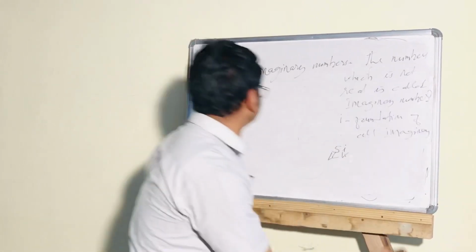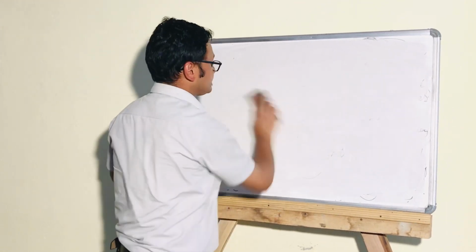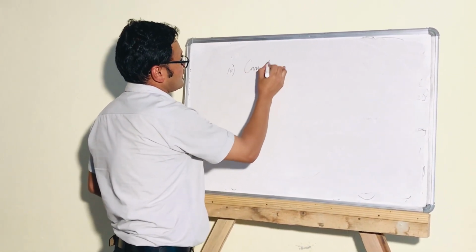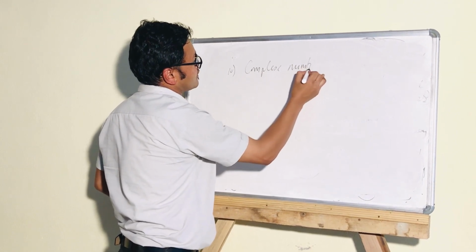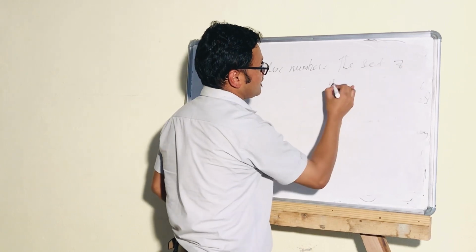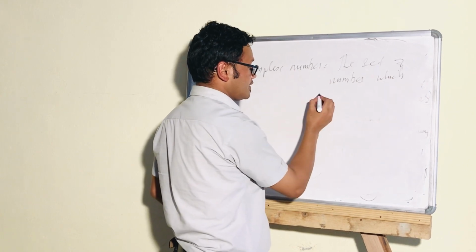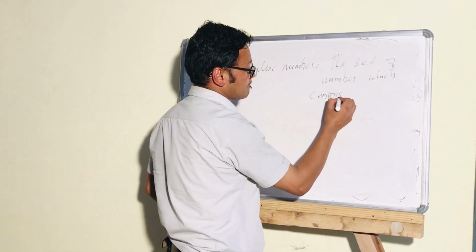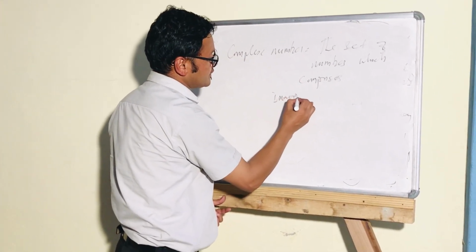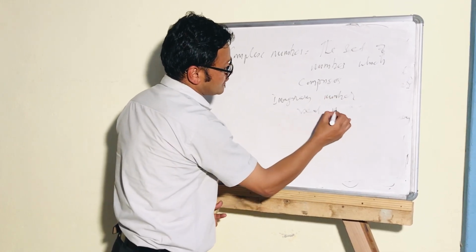Now lastly, number 10, complex numbers. Complex numbers are the set of numbers which comprises imaginary numbers and real numbers.